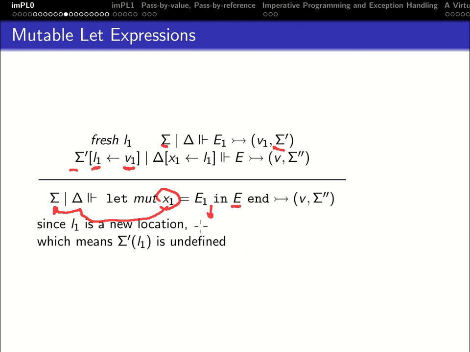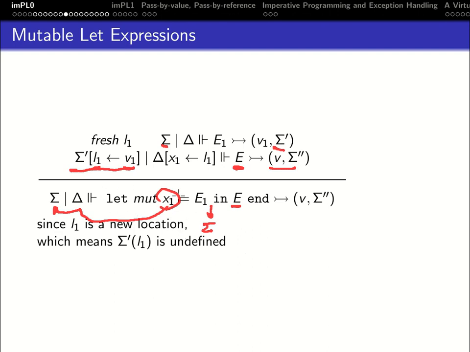All right? And what do we obtain at the end? Well, see, we were making the assumption that L1 is already here, right? So we were taking sigma prime, that was our assumption. And we have already added a location for V1. And under this assumption, the denotation of E is V and sigma double prime, right? So even though this is sigma, the semantics of let says create a value for x1.